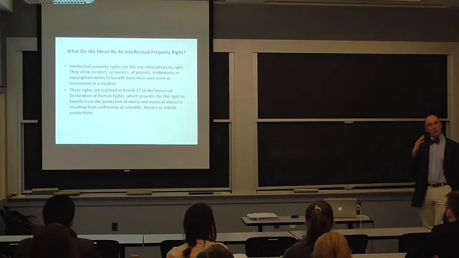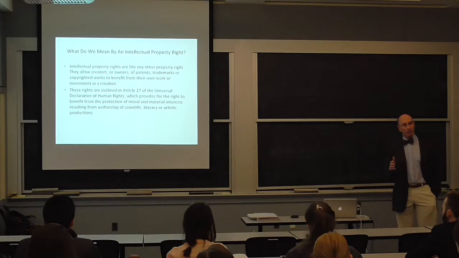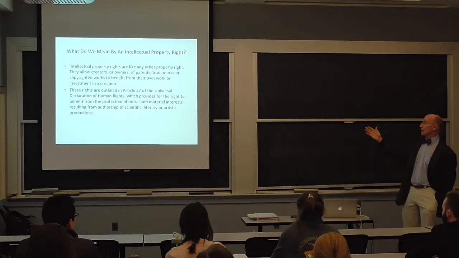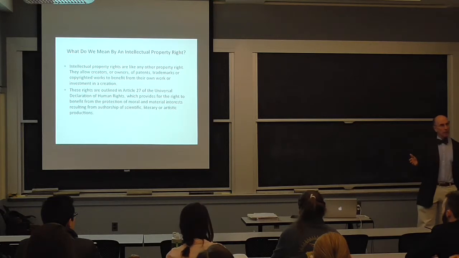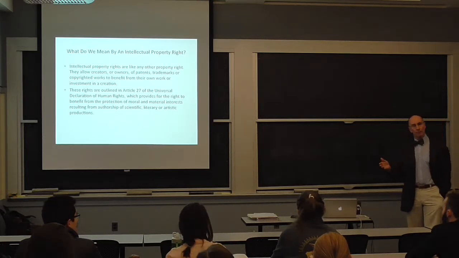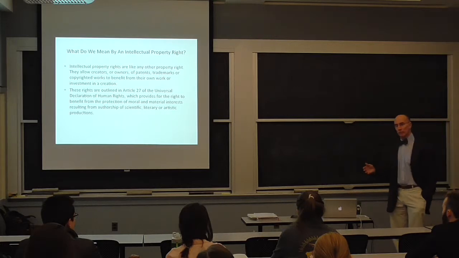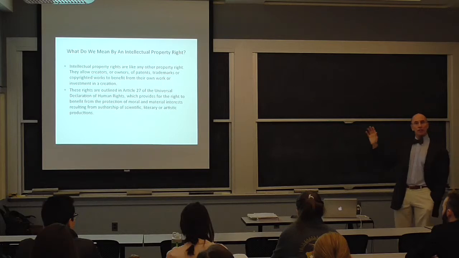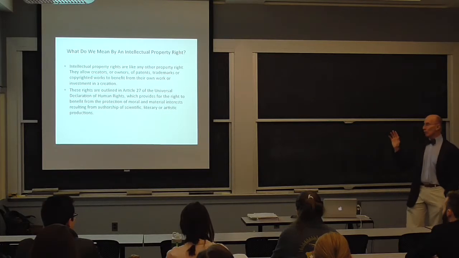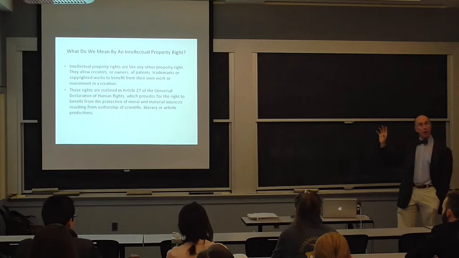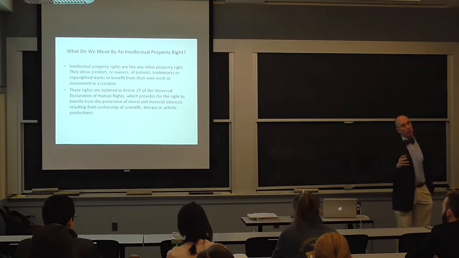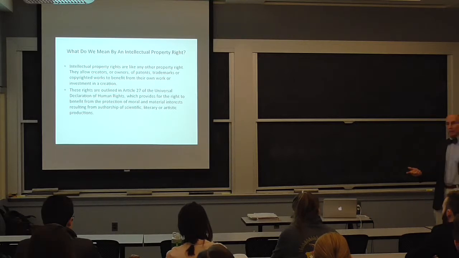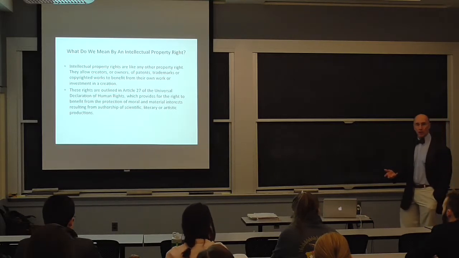So it is considered so important for society that the Declaration of Human Rights, which, is anybody familiar with the Declaration of Human Rights? Good, that's why we're having this talk about tradition. But it's considered such an important right that it's equated with a human right, just like the right to associate, the right to speak, the right to go and do what you please, the right to be free from discrimination.